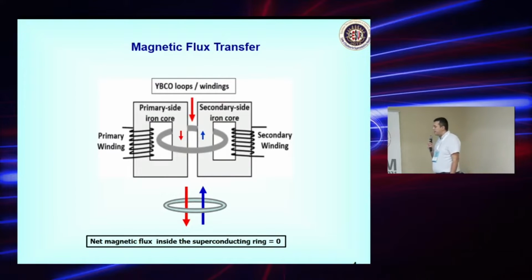What is the key feature here? It is easy: basically the net magnetic flux inside the superconducting loop should be zero when it is a superconductor, and we use this feature.